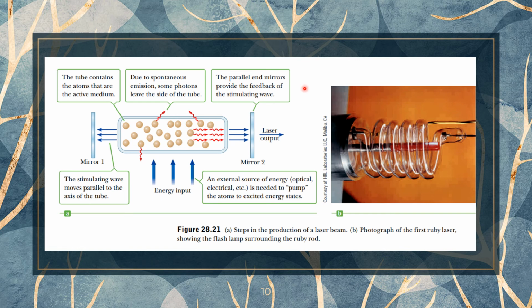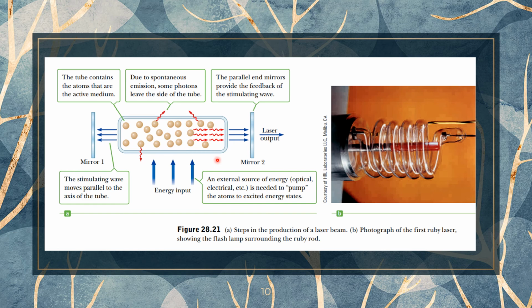Shown here are the steps involved in the production of a laser. First, an electron is pumped to a higher energy level by supplying energy. Second, the electron in the metastable state jumps to a lower level, releasing a photon. Third, the photon interacts with another electron in the metastable state.